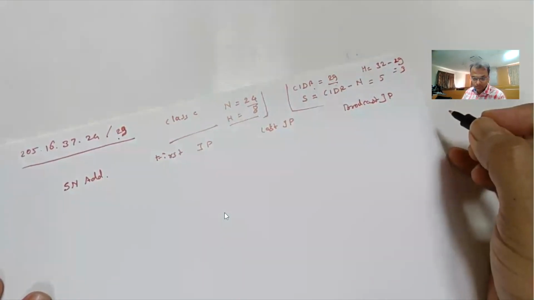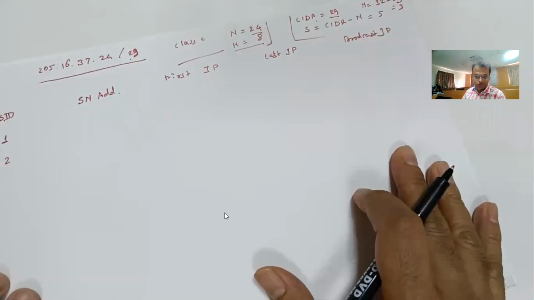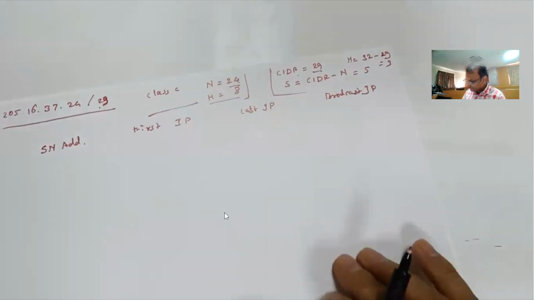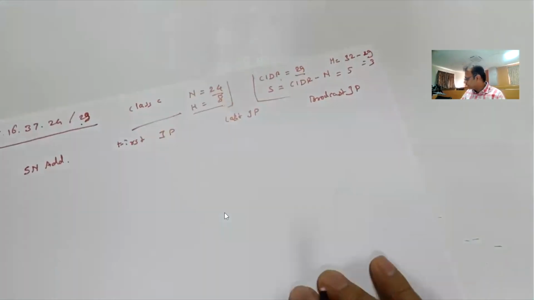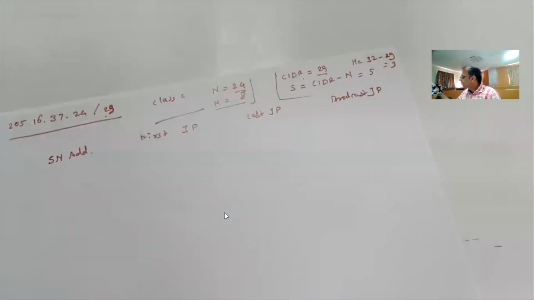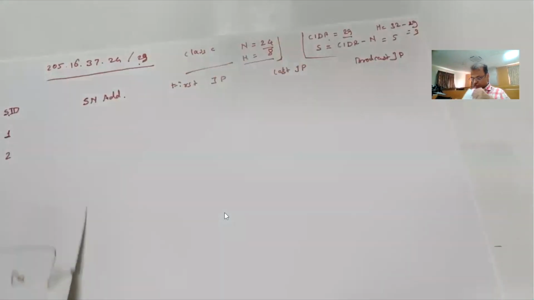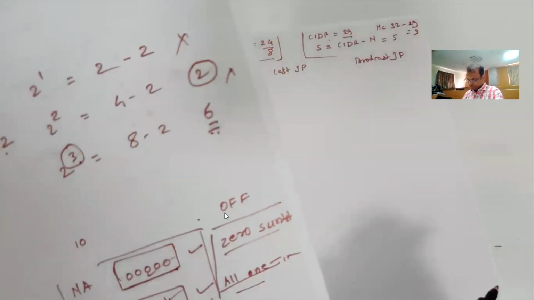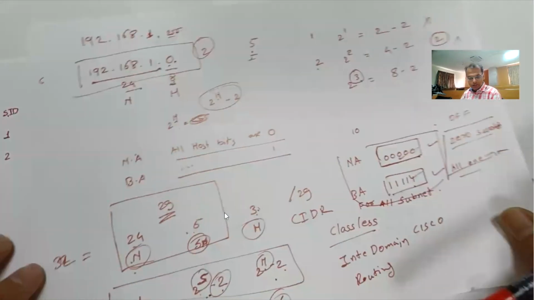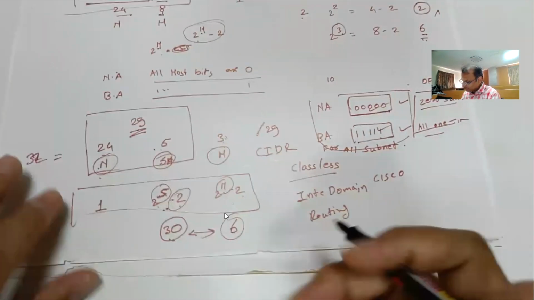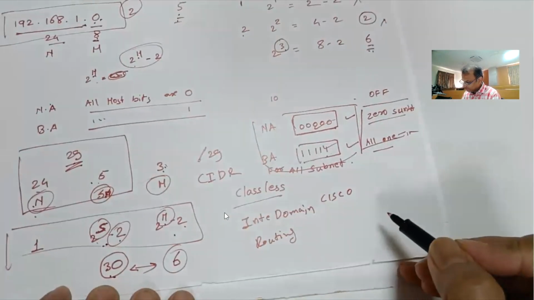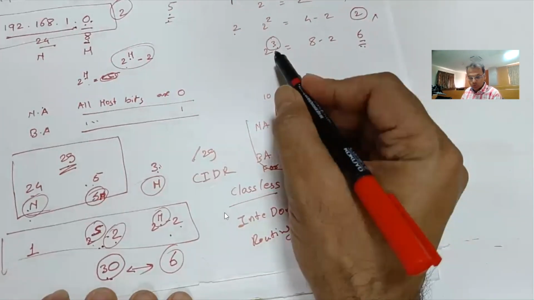Right? We have actually calculated this here. So number of host bits are 3.